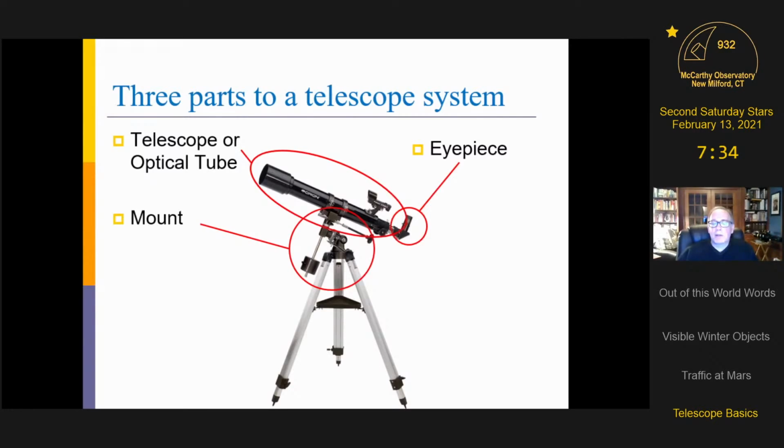That's what holds the telescope steady and points it where we want it to go. And the last item is the eyepiece. Early telescopes had just an optical tube with a second lens that was the eyepiece. But in later generations, we've separated that, and that has a very important purpose in its own right.